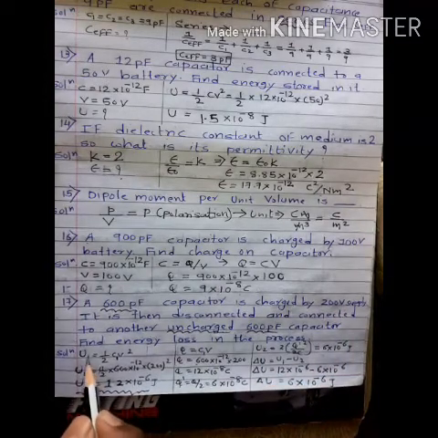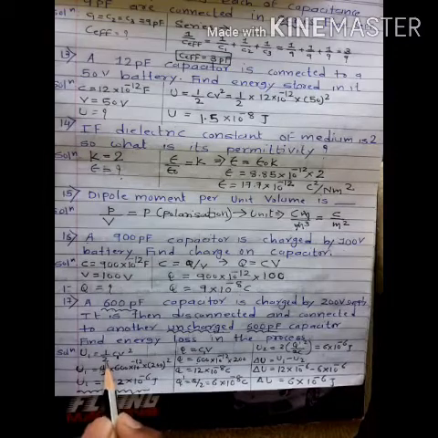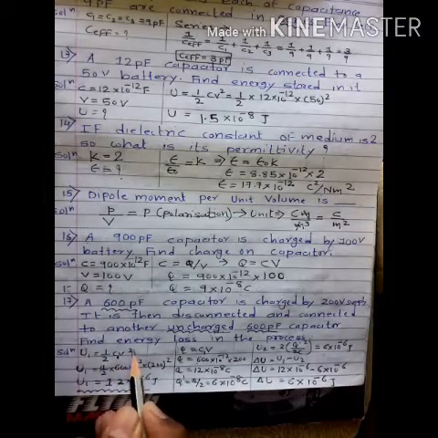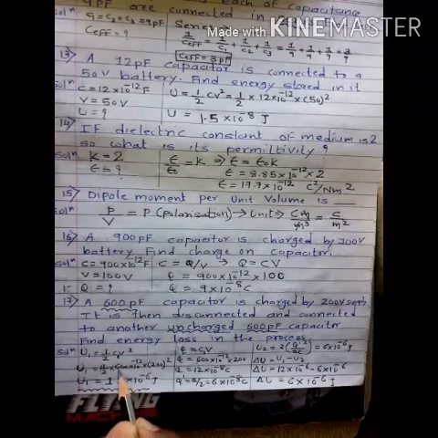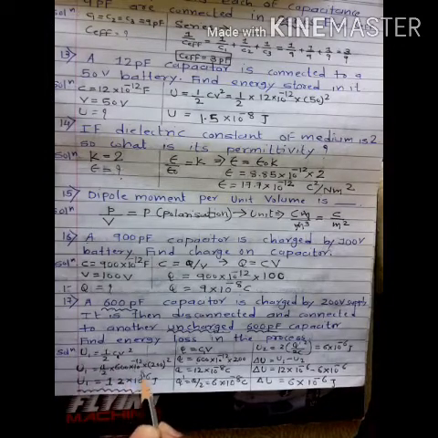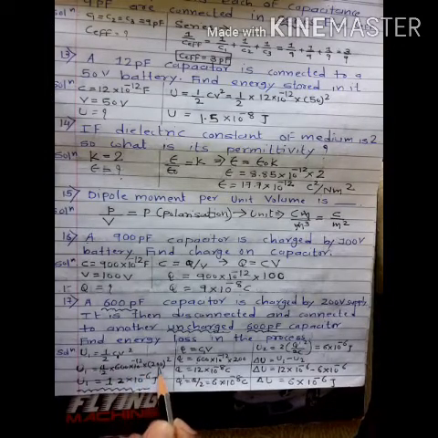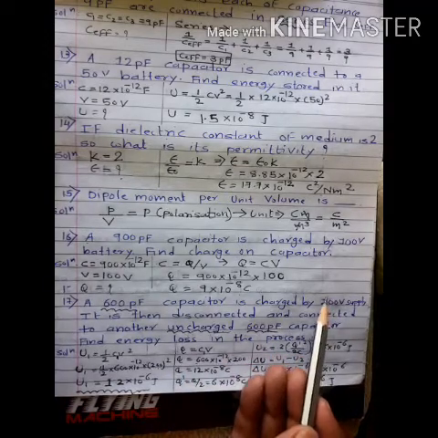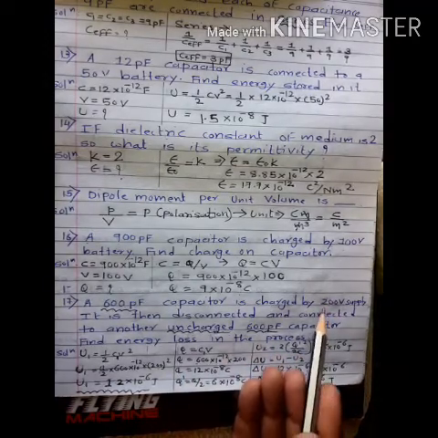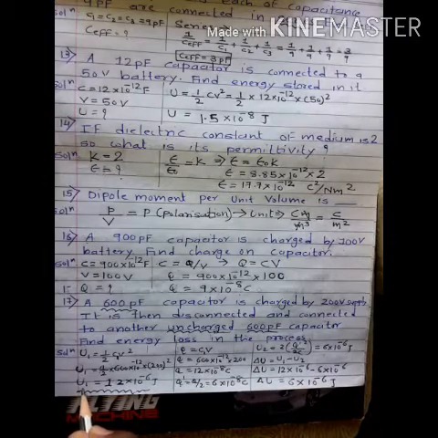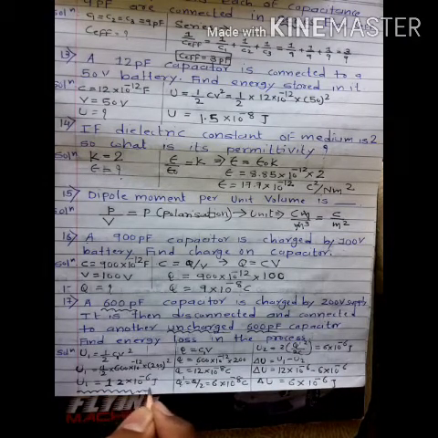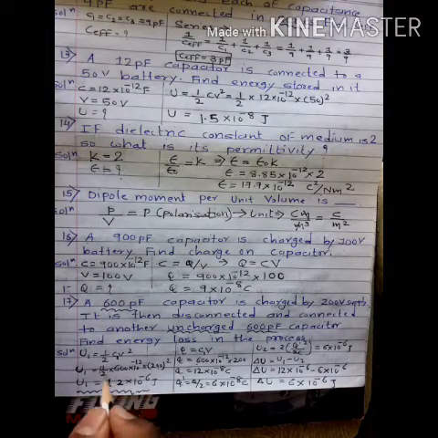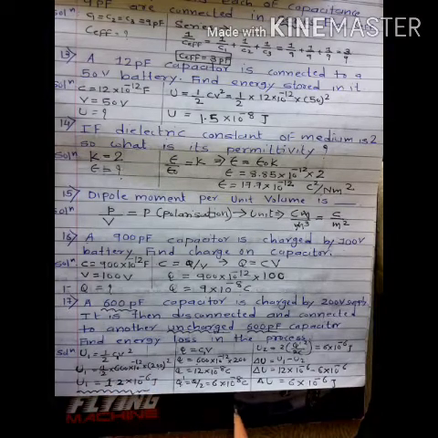First of all we find U1. U1 is equal to 1 by 2 C1 V square. Therefore U1 is equal to 1 by 2 into 600 into 10 raised to minus 12 into 200 square, the voltage of the battery. So the initial energy U1 is 12 into 10 raised to minus 6 joule.